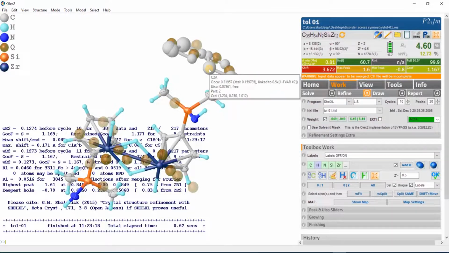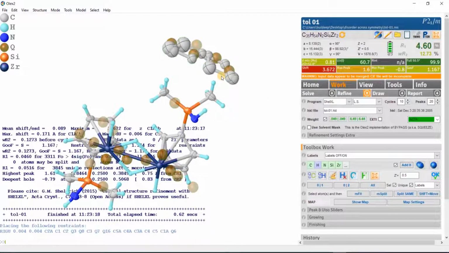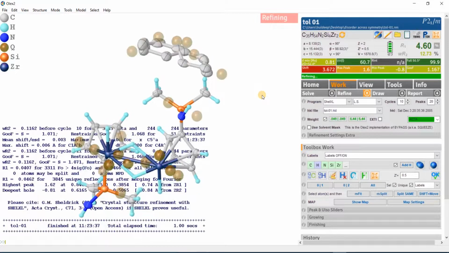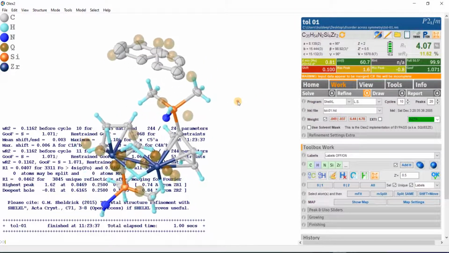Okay, now ANIS, then RIGU, and then refine. Nice. So the R factor is around 4.07%.